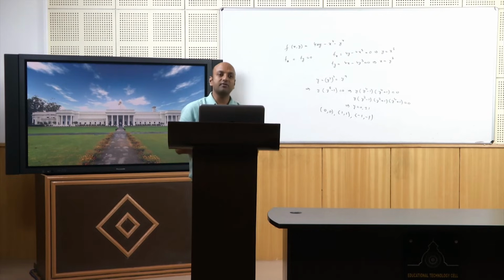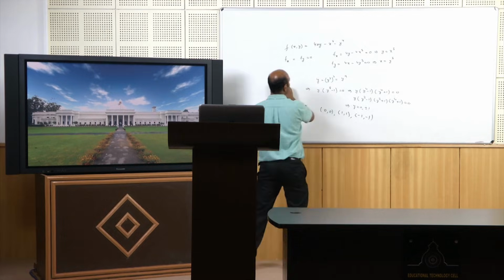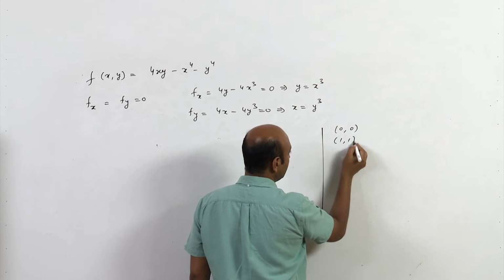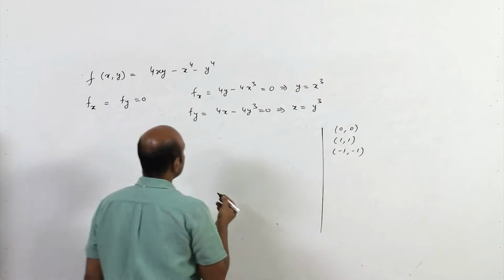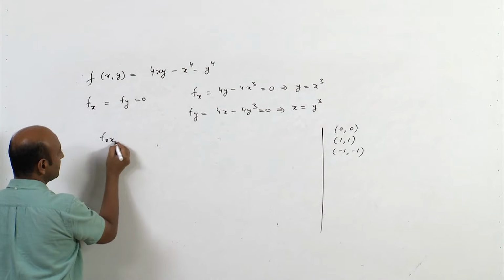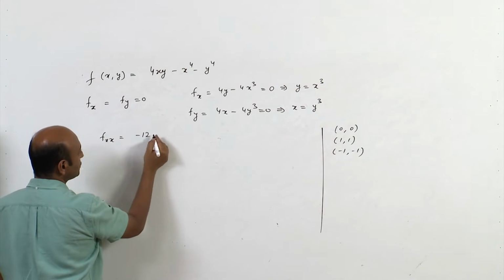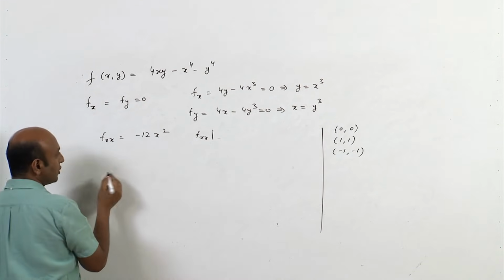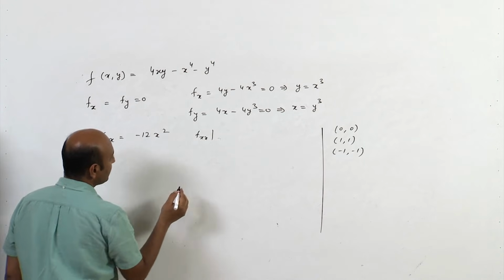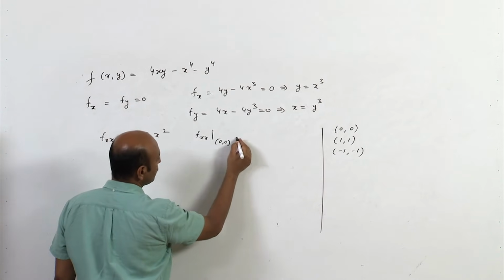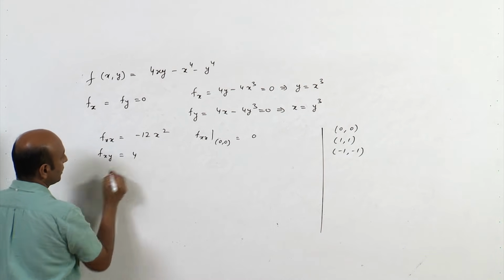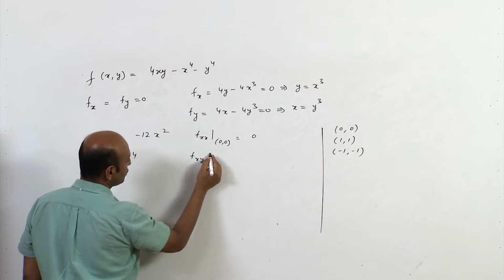Now we have to check which point is a point of local maxima, minima or saddle point. We have 3 points here, (0, 0), (1, 1) and (-1, -1). Find fxx. It is -12x squared, and first we check for (0, 0), where fxx is 0. Fxy is 4, so fxy at (0, 0) is also 4.